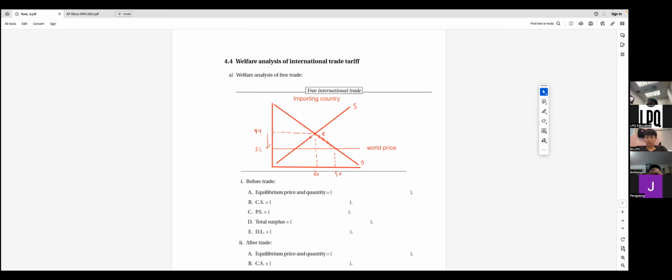So some of the Canadian producers may withdraw from the market, so quantity supplied will decrease. Based on the law of supply, if the price has been reduced, quantity supplied will decrease. Canadians still can produce, let's say, 10 units.